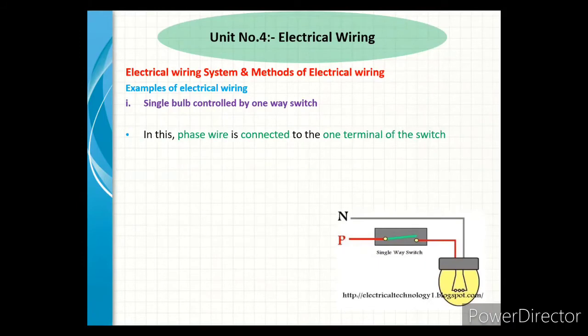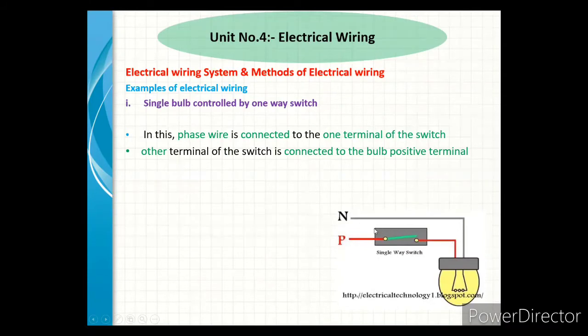In this, the phase wire is connected to one terminal of the switch, and the other terminal of the switch is connected to the positive terminal of the bulb. Then the bulb's negative terminal is connected to the neutral wire.